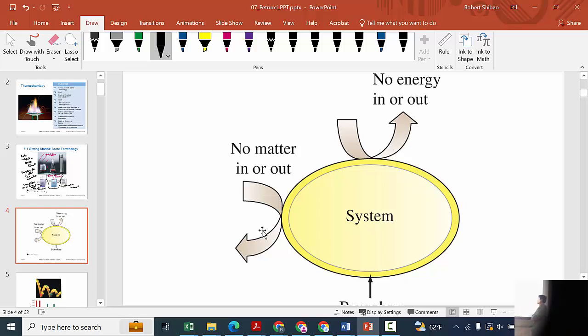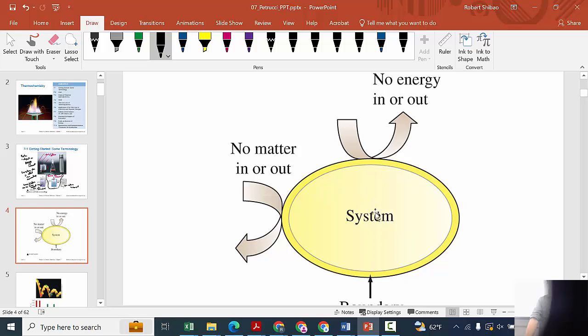If I wanted to make this a closed system, how could I do that? Yeah, I'd have to remove some kind of thing so that energy can be exchanged in and out. And so typically we don't work with this. We work with a system in which the energy can go in and can go out.